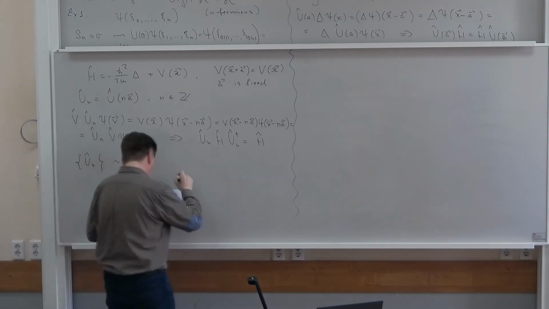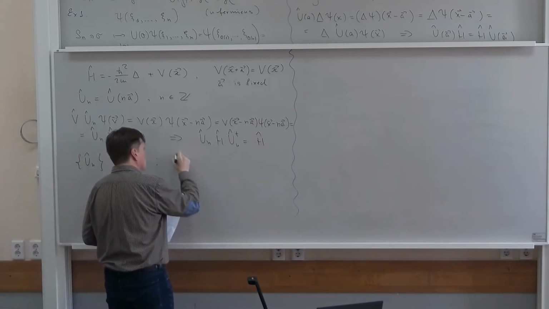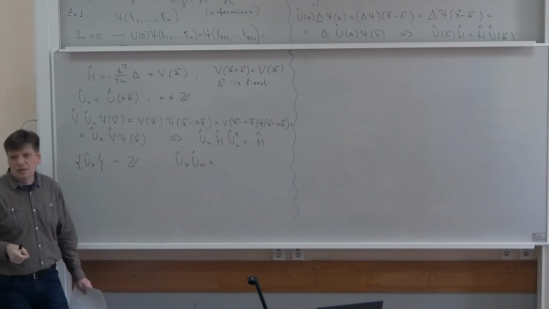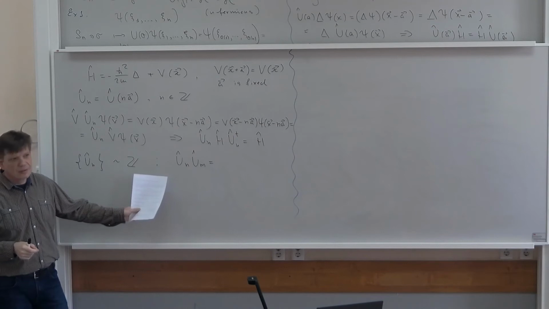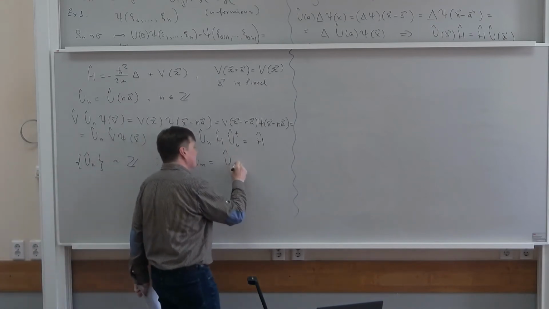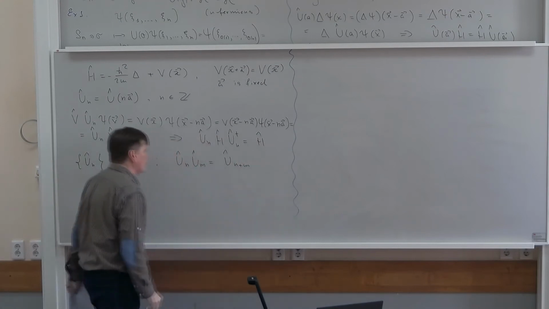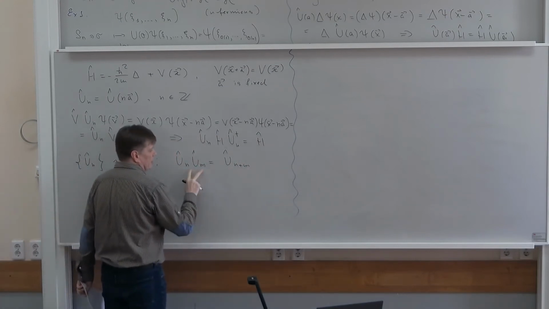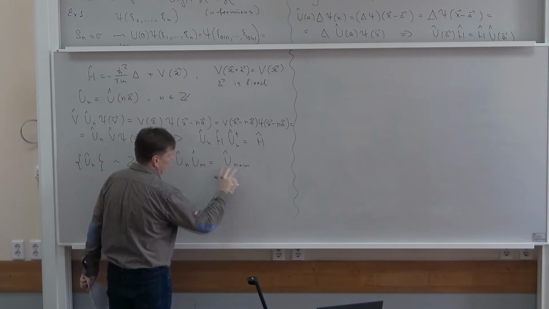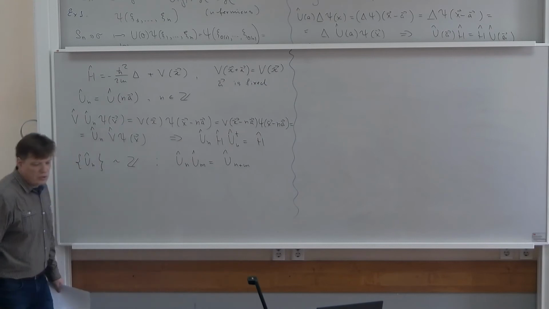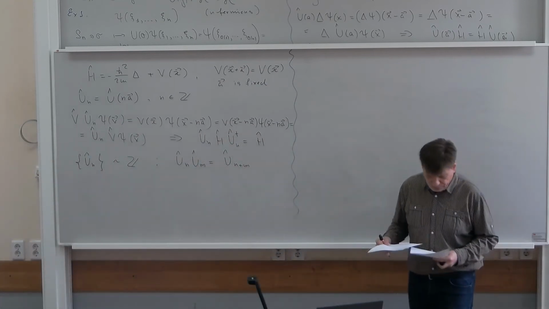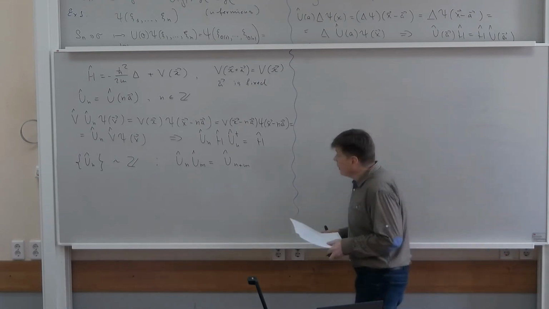Because we have this multiplication law, U_n U_m is equal to what? Right, U_{n+m}. So we have the multiplication law for the group of integer numbers, where multiplication is just summation. Okay.